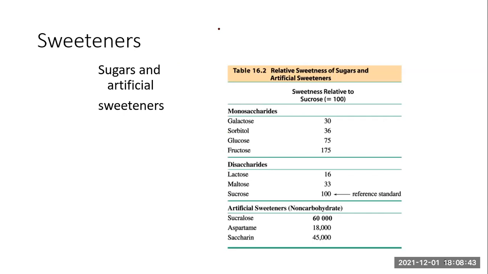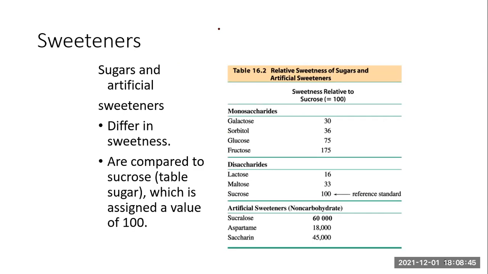So sugars and artificial sweeteners differ in sweetness. This chart compares regular monosaccharides, our disaccharides, and artificial sweeteners like saccharin and aspartame, which are super sweeter than our normal sugars, which is why we only need a little bit of it.